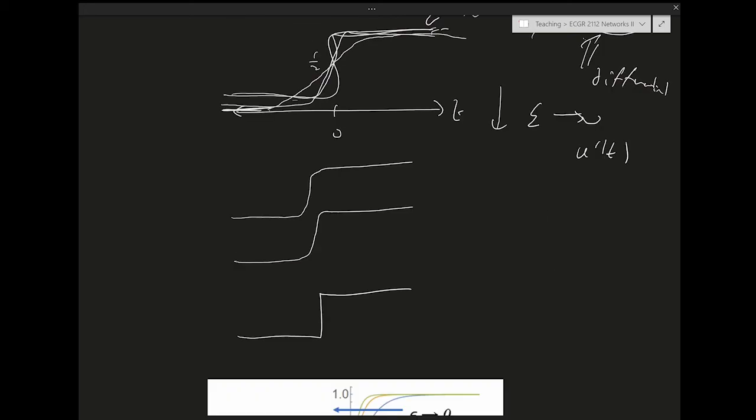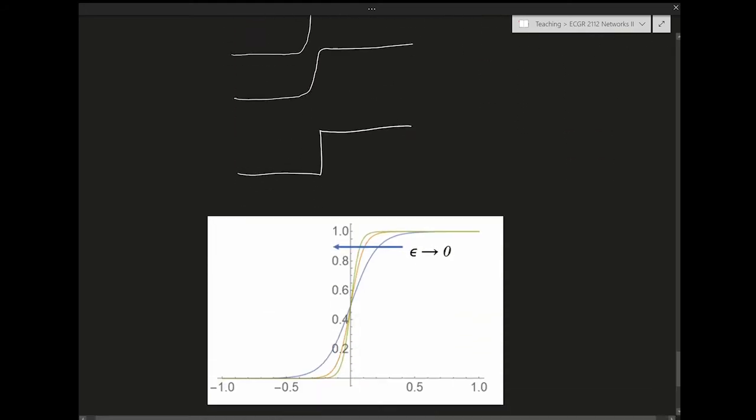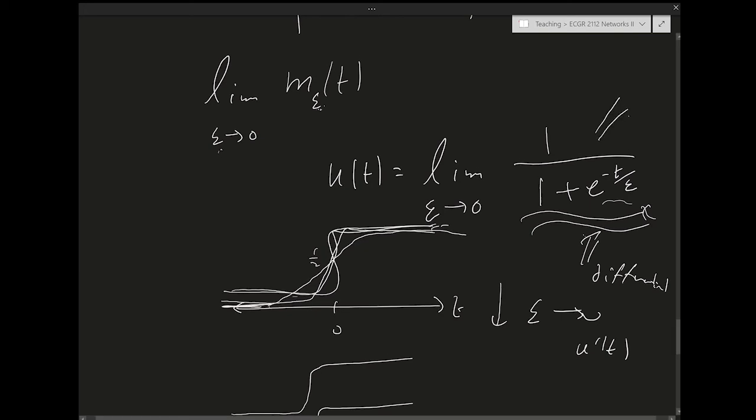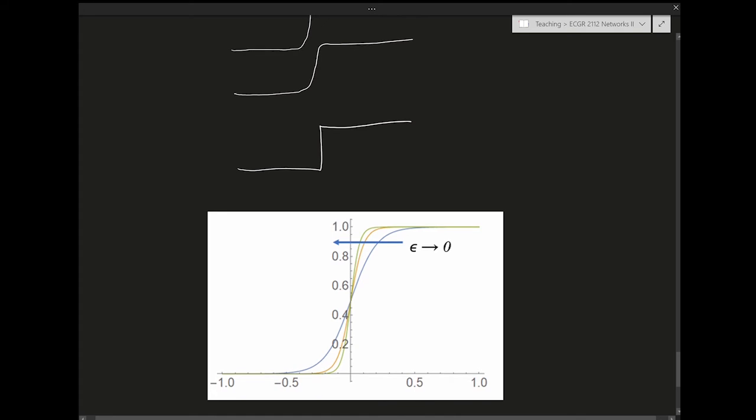To help with my bad drawing, I admit I have bad drawing skills, and to make the continuous function I'm introducing clearer, I went to Mathematica and plotted a bunch of curves for this function, 1 over 1 plus e to the minus t over epsilon, where epsilon is approaching 0.